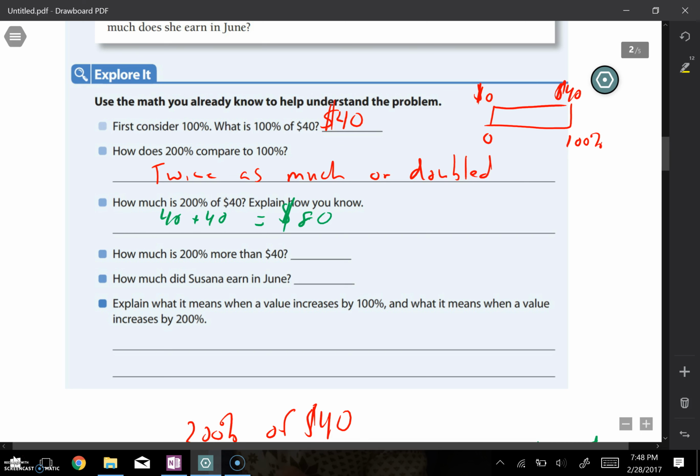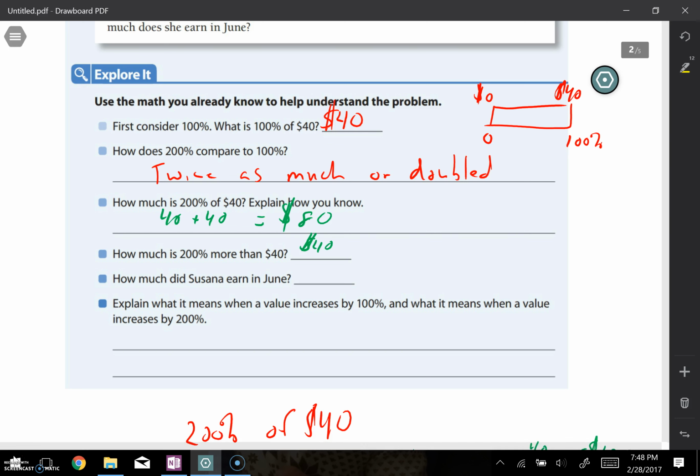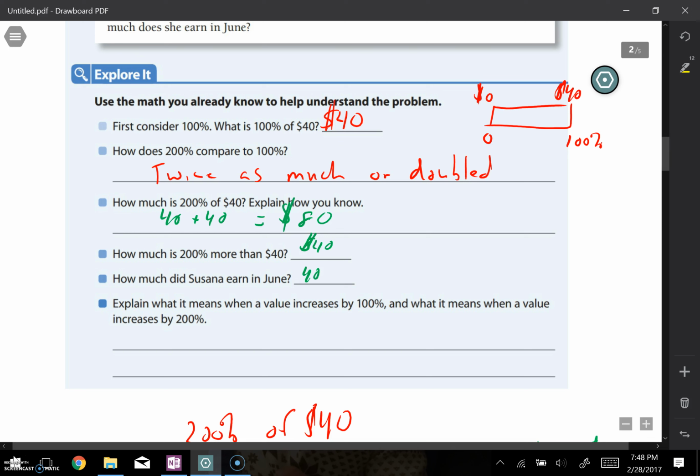Well, if I know that 100% is $40, 200% is $80, then it is actually $40 more. How much did Susanna earn in June altogether? Well, 40 is the original, plus 80, which is 200%, she made $120.